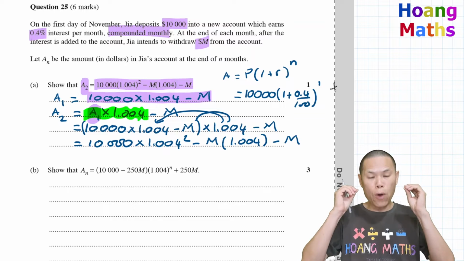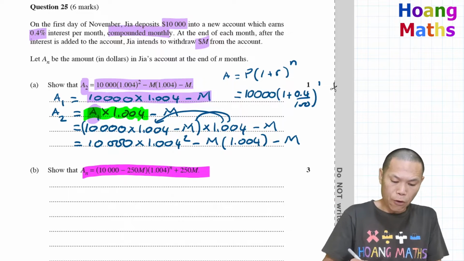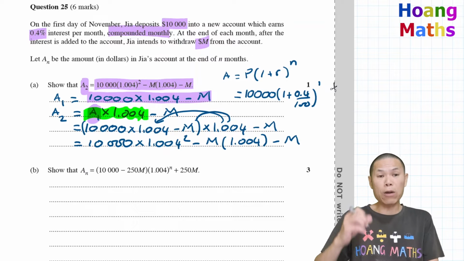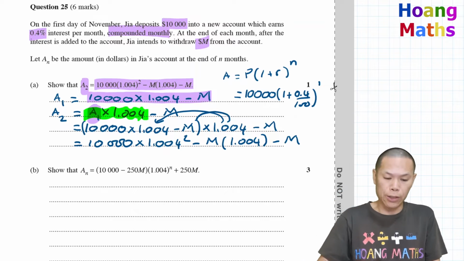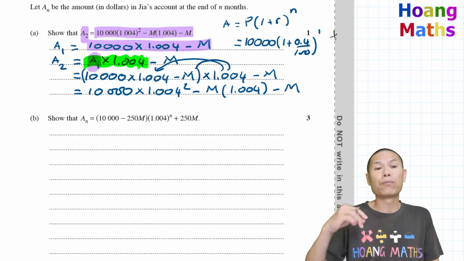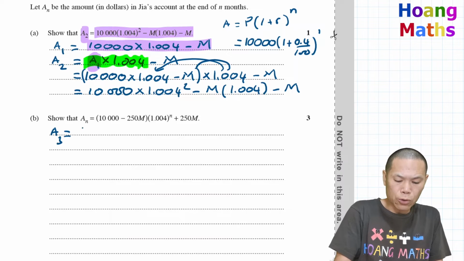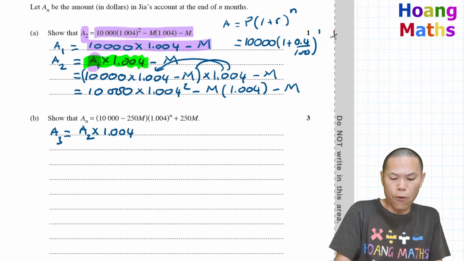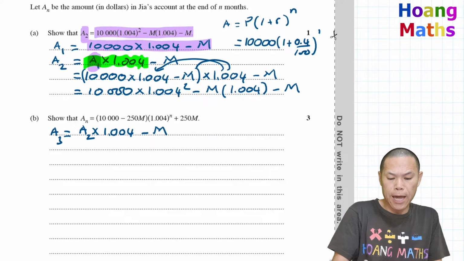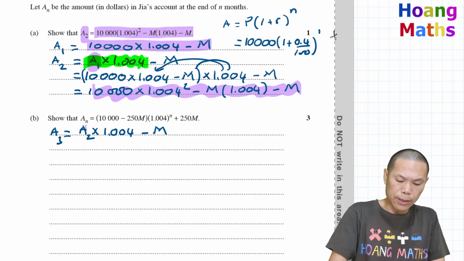Now we need to show An is this for part B. So to work it out, let me just work out A3 first. A3 is the amount at the end of the third month. So A3 is equal to A2 times 1.004, and we minus M amount. So A2 is this. So this one's here, okay?